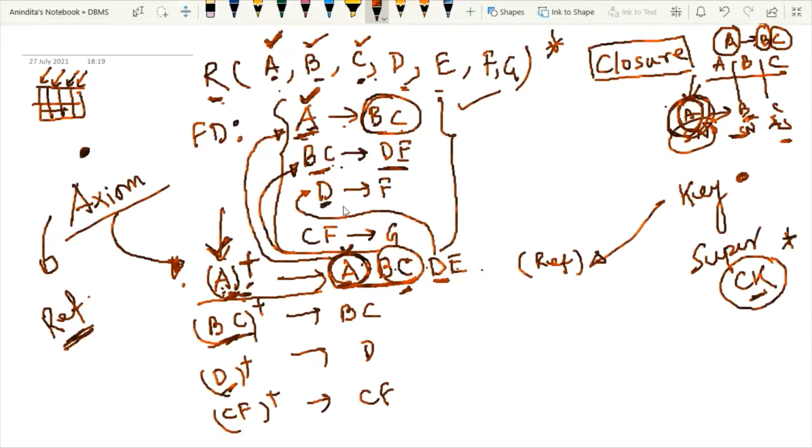If yes, whatever it is pointing to, just copy it. Again, the same thing. Whatever you have in the RHS, that is C and F, check whether it appears in the LHS or not. Yes, whatever it is pointing to, just copy it over here.